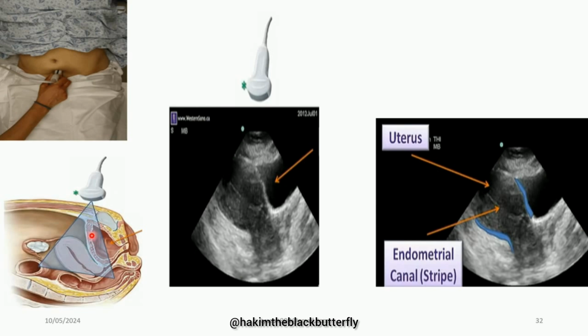And these organs can be seen sonographically, and it's the same pattern. This is the urinary bladder, this is the uterus here, the rectum behind. It appears like this because of the fecal matter that is within.